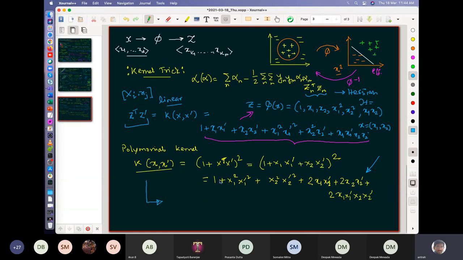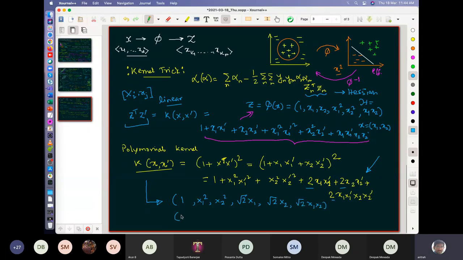Whether it's a valid inner product of x1, x2 transformed into phi x is a question, but you can easily see the polynomial kernel is a valid inner product where I have this as my attributes, because here the 2 is playing the spoilsport, so I can easily round down to these 2 values.